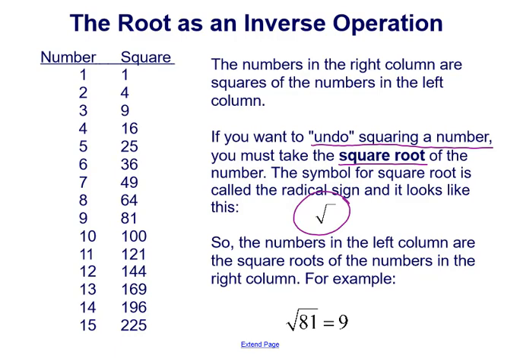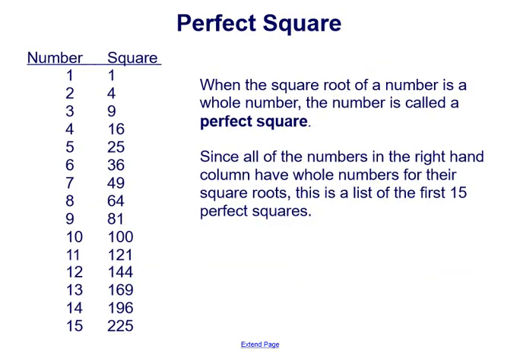So for example, if I look at this row in the table, we know that 9 squared is equal to 81, but now if we go backwards, we also know the square root of 81 is equal to 9. When the square root of a number is a whole number, the number is also called a perfect square.